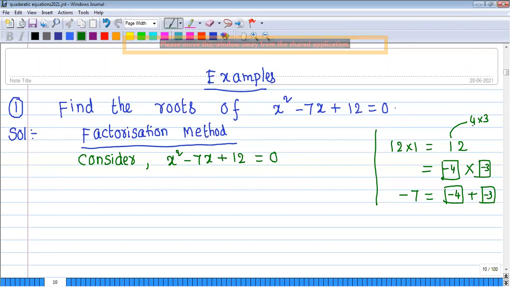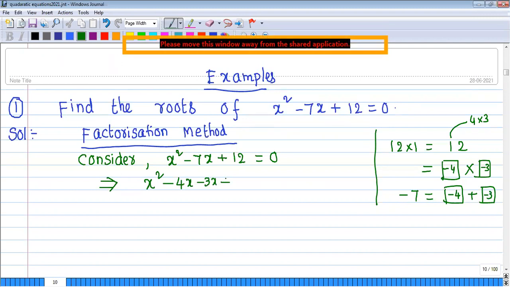Minus 4 into minus 3 is plus 12, whereas minus 4 plus minus 3 is minus 7. So now we need to split the middle term: x square minus 7x, we can write as x square minus 4x minus 3x plus 12 equals to 0.